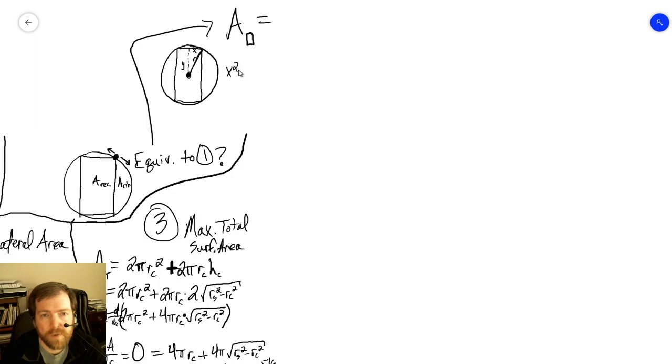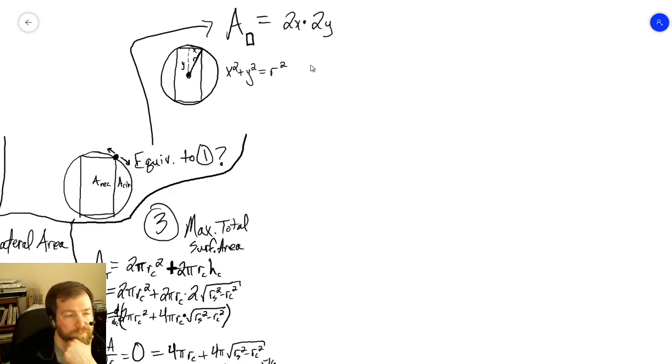Alright, so x squared plus y squared equals r squared, which any good trig student should be able to tell you. Area of the rectangle, not square, area of the rectangle is going to be 2x by 2y. And this relationship exists between x, y, and r. Again, eliminate one of the variables, get r in there instead, because r is going to be a constant.